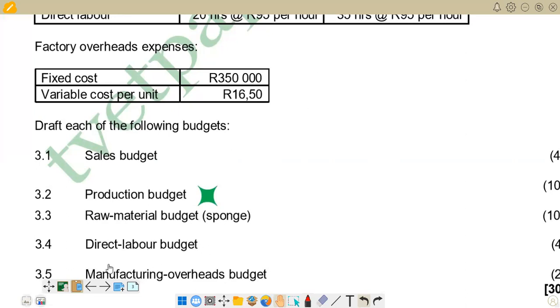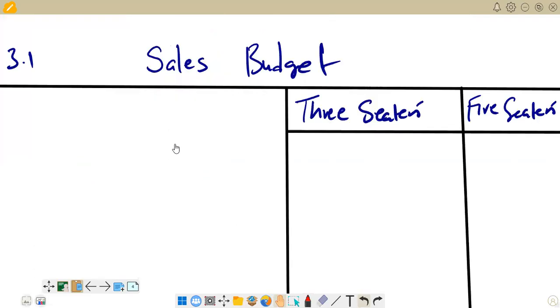If we come to our answer section, you'll see that we have our sales budget, and we've got a column for 3-seaters and 5-seaters. Remember, we've got 3-seaters and 5-seaters in the question. The first item that we are going to start with is expected sales in units.